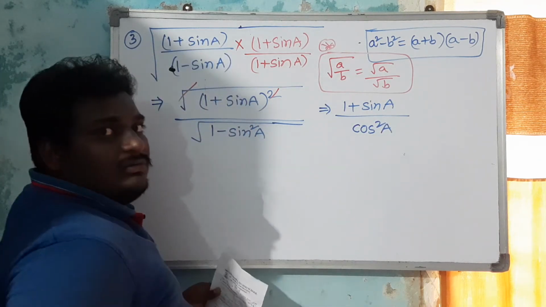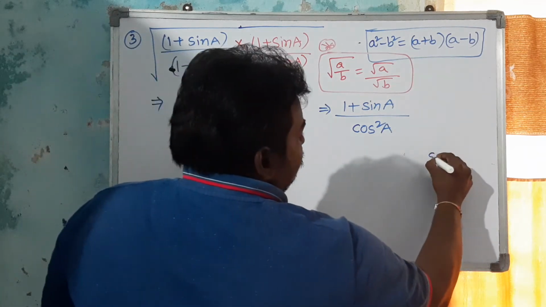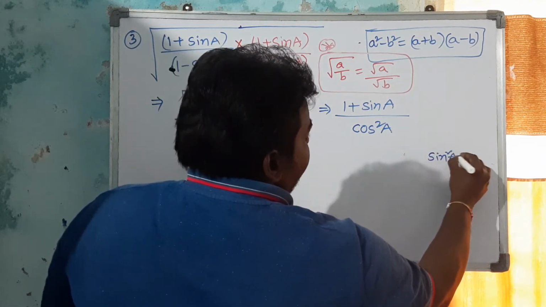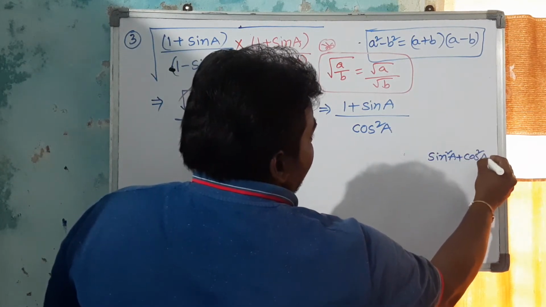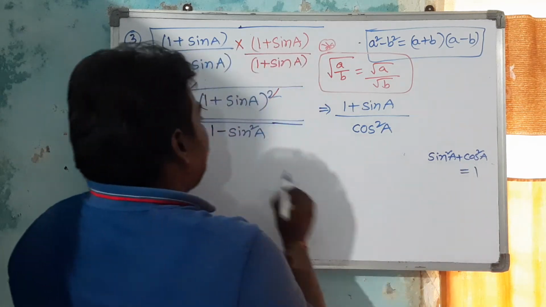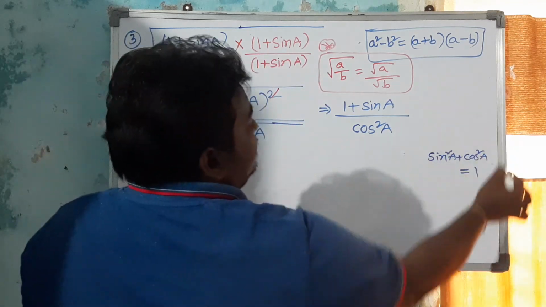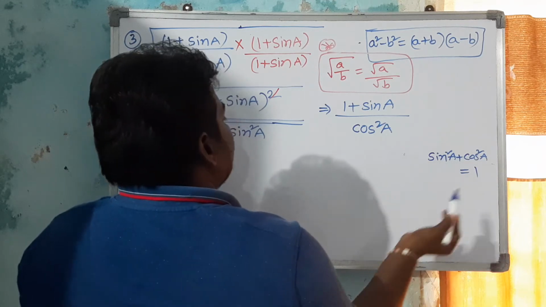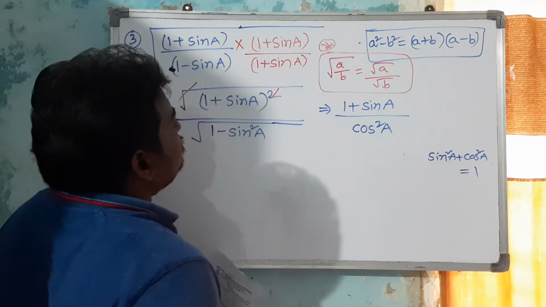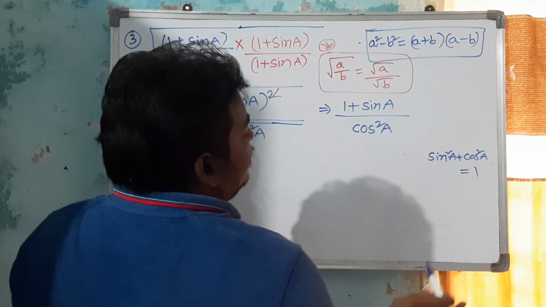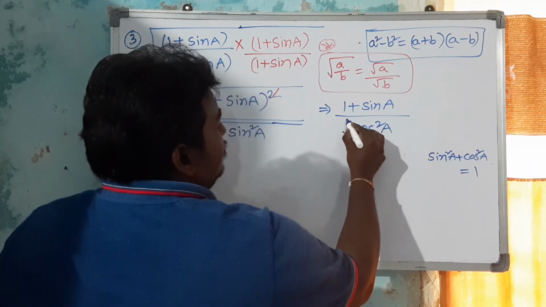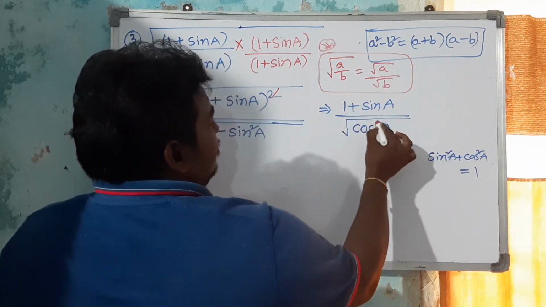If you want to know how, go to this identity: sin square A plus cos square A equals 1. Then move sin square A to that side, cos square A will be 1 minus sin square A. So the square root of cos square A, the square root will be cancelled.